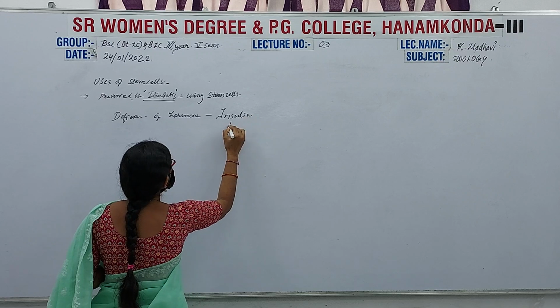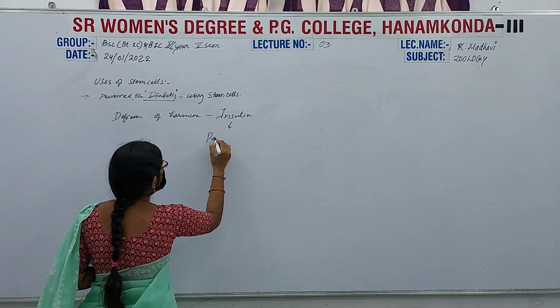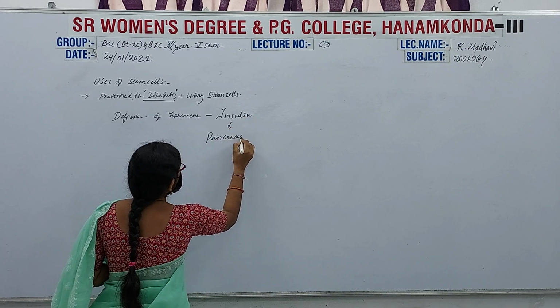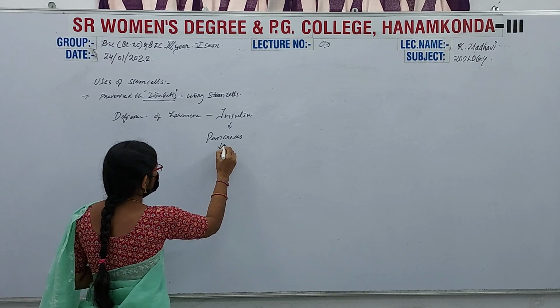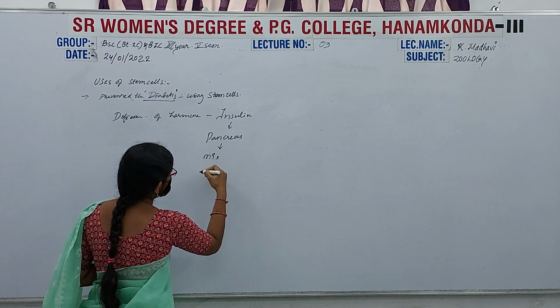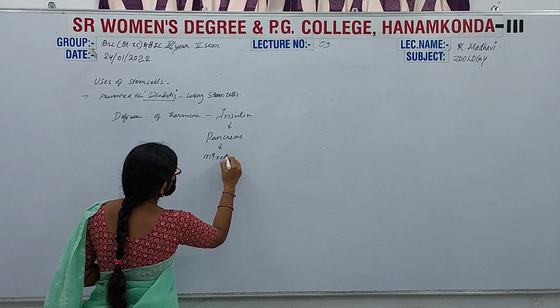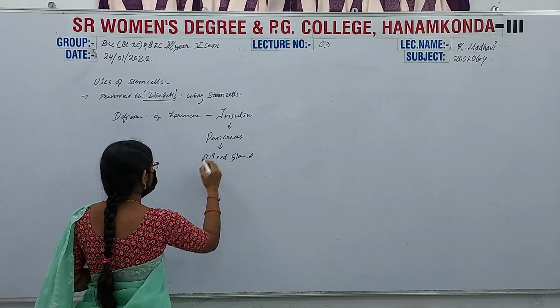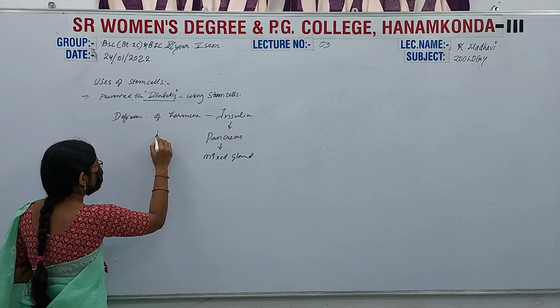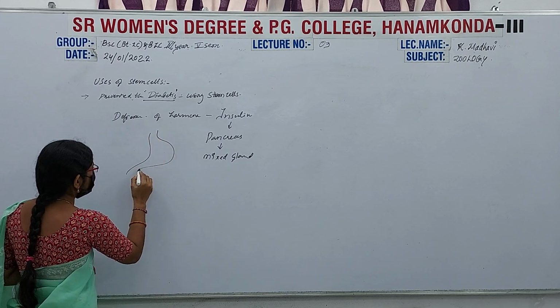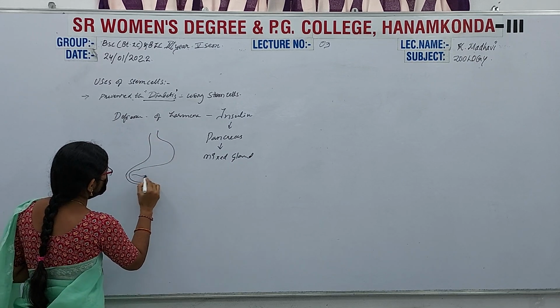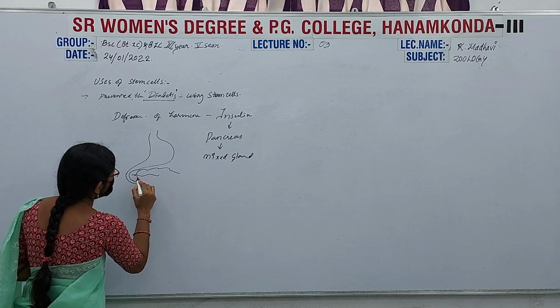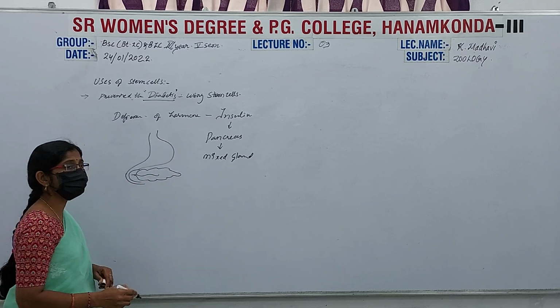This insulin is produced by the pancreas. The pancreas is a mixed gland. This pancreas is located in our digestive system, with a U shape and a leaf-like structure.